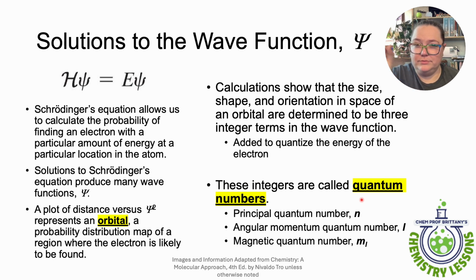I will throw it in the cards there. So we have our quantum numbers that describe the location of the electron. They all contribute to this probability of where the electron is. They are the principal quantum number, n, the angular momentum quantum number, l, and the magnetic quantum number, m sub l.